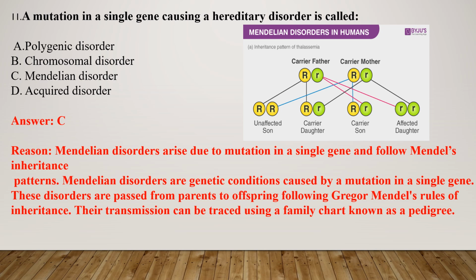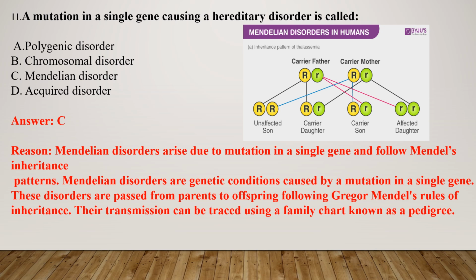Mendelian disorders are genetic disorders caused by a mutation in a single gene. These disorders are passed from parents to offspring following Gregor Mendel's rules of inheritance. Their transmission can be traced using a family chart known as the pedigree.